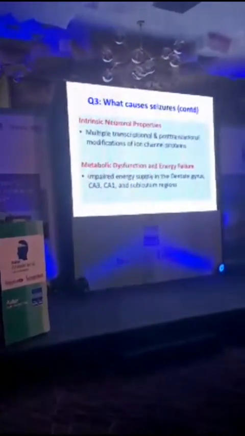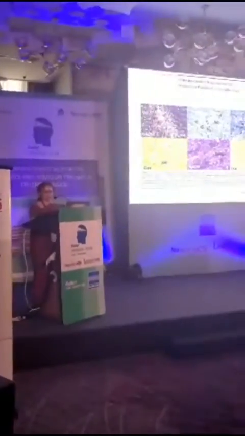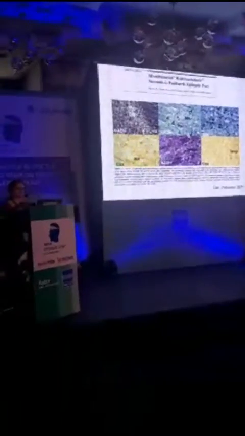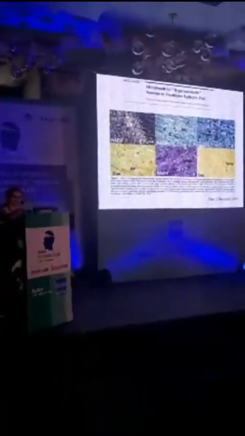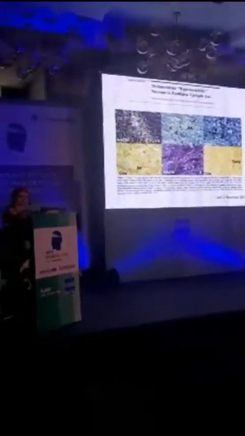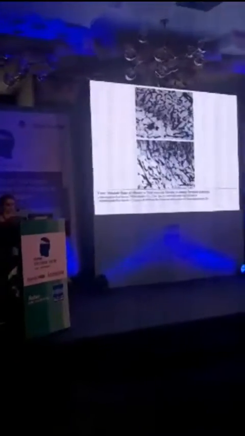In addition, nowadays people believe it's not just the property of the neuron, but other things like impaired energy supply, which means back to mitochondria, which has been implicated in so many different things. People have found that there are hypermetabolic neurons within the hippocampus, and where there is a deficiency of the mitochondria, it is probably susceptible to neuronal loss.